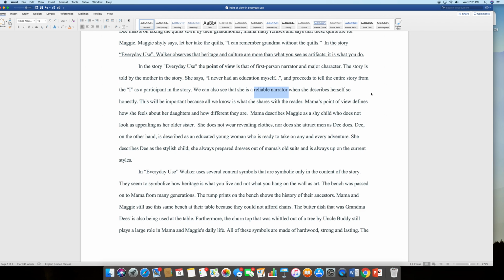Is the character reliable or not? She is reliable when she describes herself so honestly. This will be important because all we know in the story is what she shares with the reader. Mama's point of view defines how she feels about her daughters and how different they are.